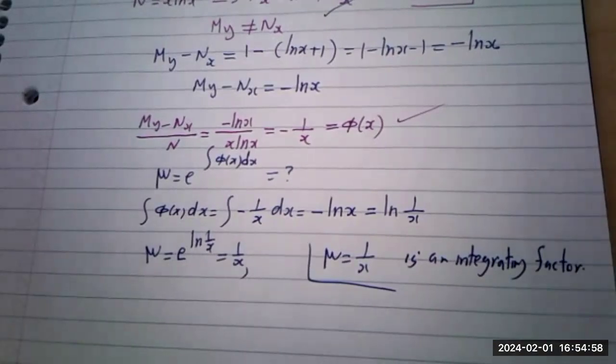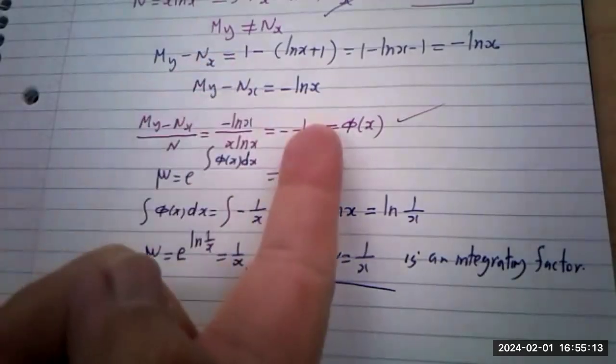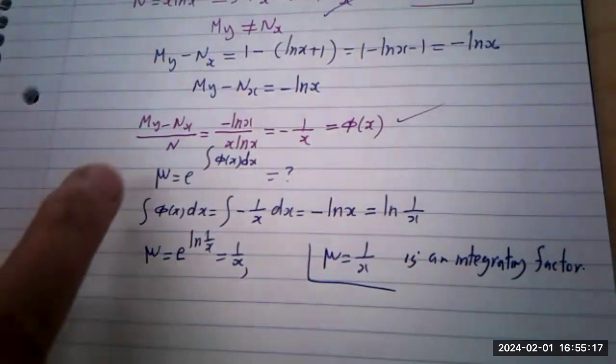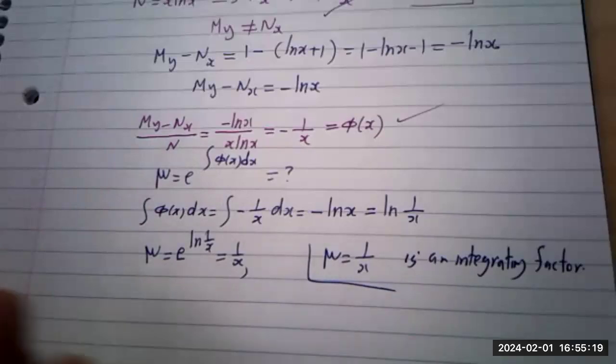So as soon as you simplify that quotient, it's going to be a function of x or y. Yes. So in all the examples that we've done, they're all integrating factors. What would an example look like where it's not an integrating factor? You will come across a quotient, M_y minus N_x over N, that you can't simplify. If it's going to be something other than a function of x, it would be impossible.